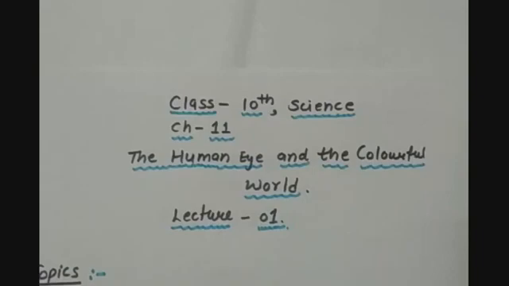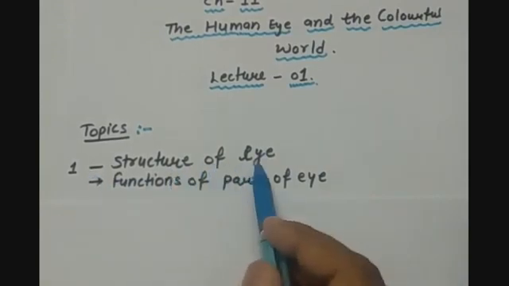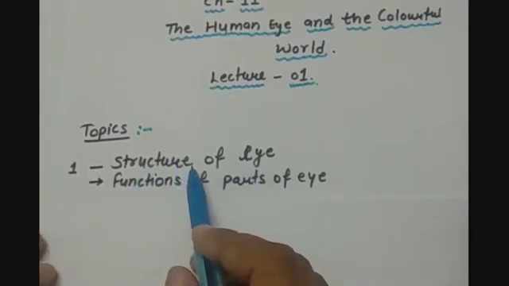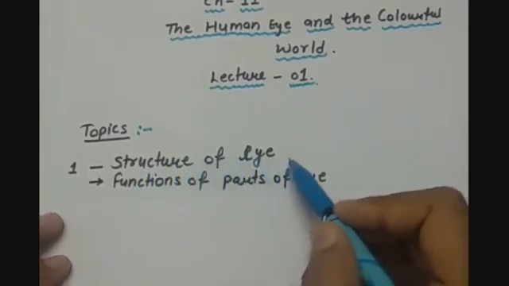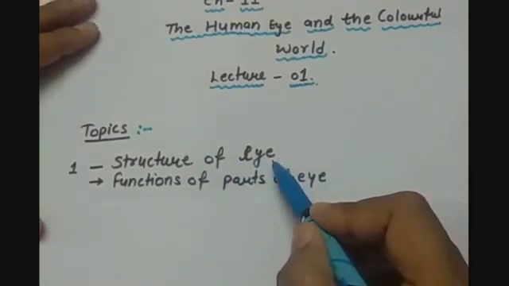Morning dear students, this video is for class 10th science chapter number 11, the human eye and the colorful world, and this is lecture number 1. As today we are starting with a new chapter, the first topic that we are going to cover today is the structure of eye, under which we'll make the diagram of the human eye and will know the various parts of human eye.